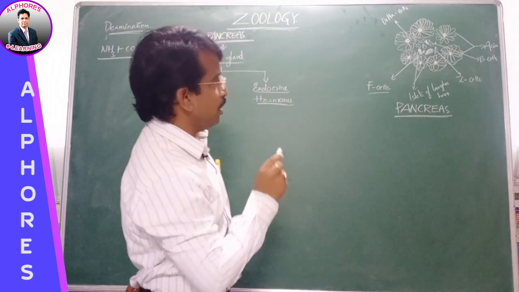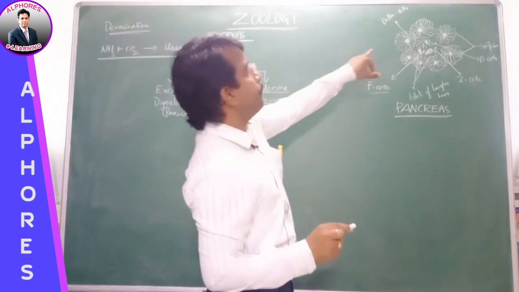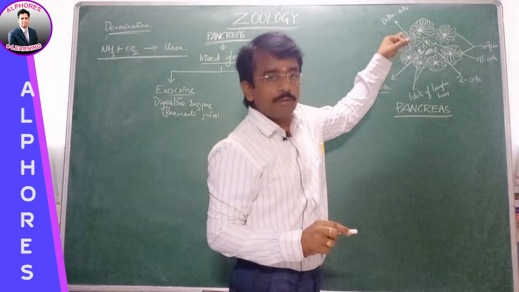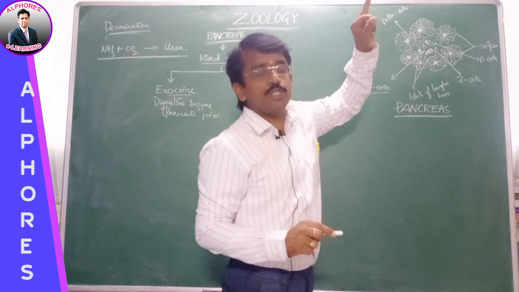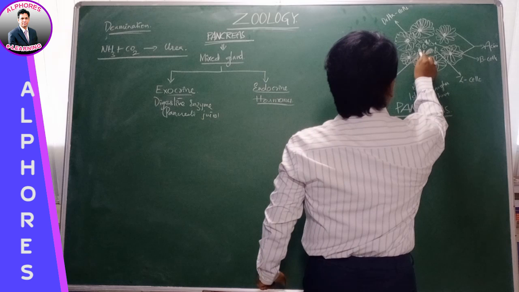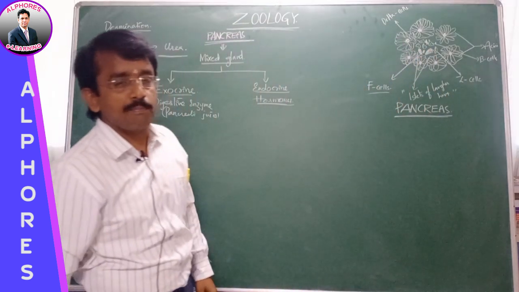So it is both exocrine and endocrine. The exocrine part includes the acini lobes, which secrete the pancreatic juice, and another part is the islets of Langerhans, an endocrine part.